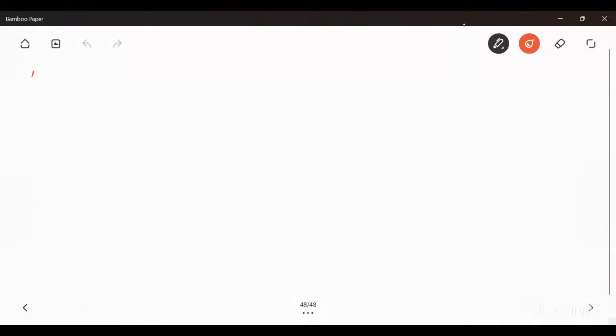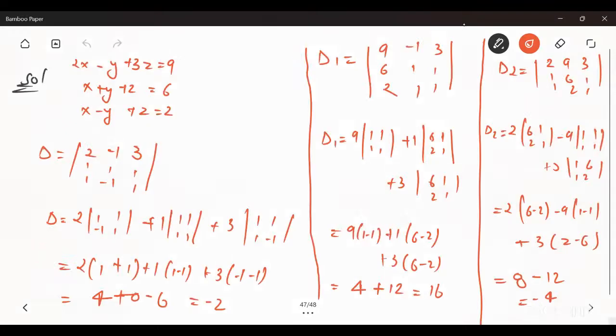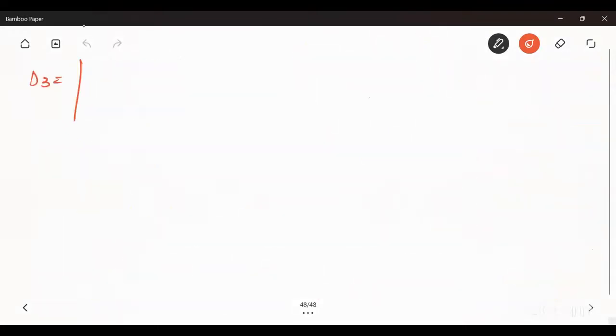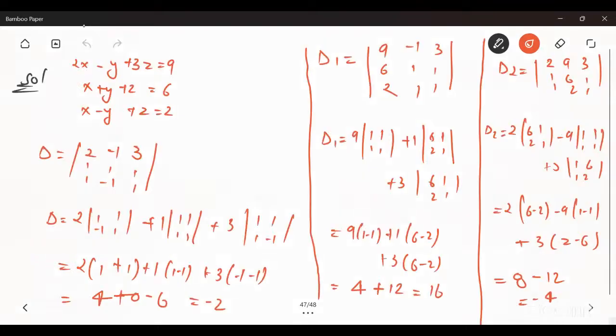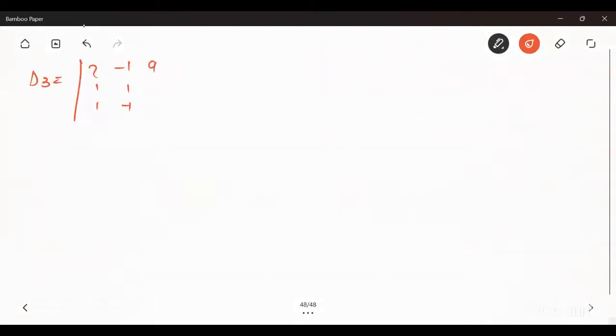Now next is delta 3. For delta 3, put 9 6 2 in the third column.